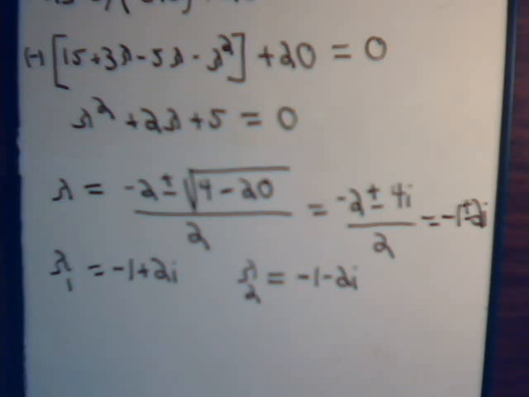Okay, let's go ahead then, and we want to determine the corresponding eigenvectors for these 2 eigenvalues. So let's erase the board and make some room, and we'll proceed with that. So lambda 1 is minus 1 plus 2i. Let's start with that one first.